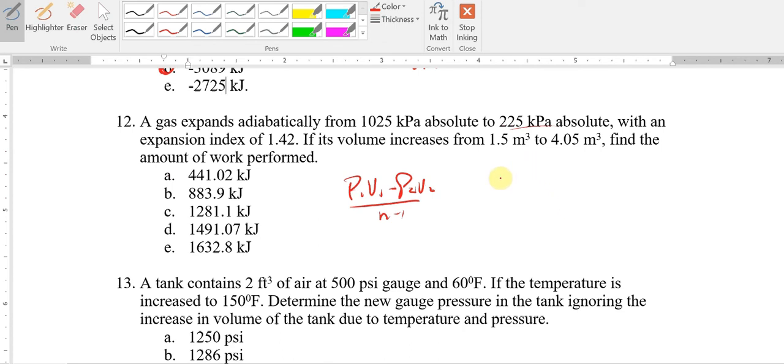So we've got 1025 times 1.5 minus 225 times 4.05, and n being 1.42, 1 minus that is 0.42 in the bottom, and we do that all, we get 1491, and that looks like that answer right there.